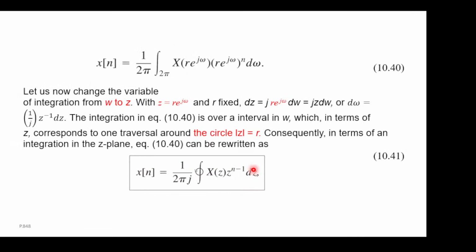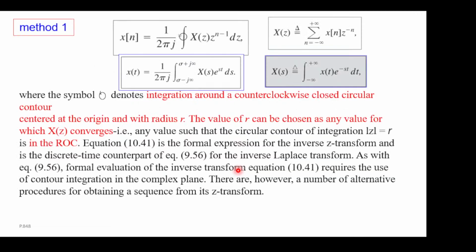In algebraic form it's like this, but it actually has something different. You have the z to the minus 1. So compared to before, you have this x(t) e to the minus st. But in a Z transform, you get this weird z to the minus 1.